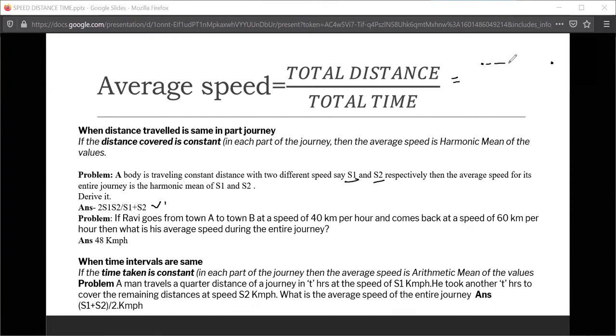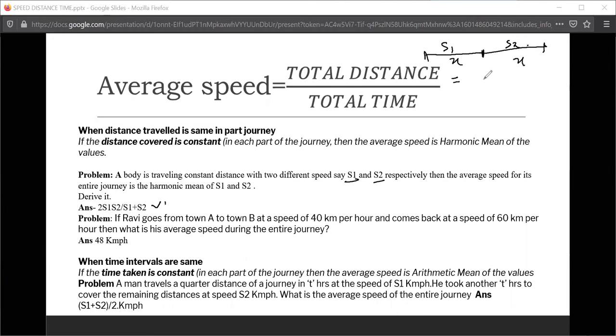Let this distance be x. So total distance, in the case of bodies traveling constant distance with two different speeds. Suppose you travel the first x miles with the speed s1, and the second x miles with the speed s2.